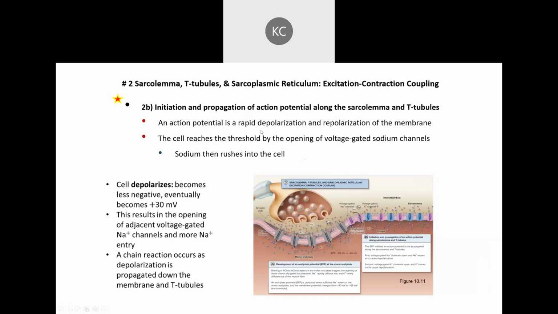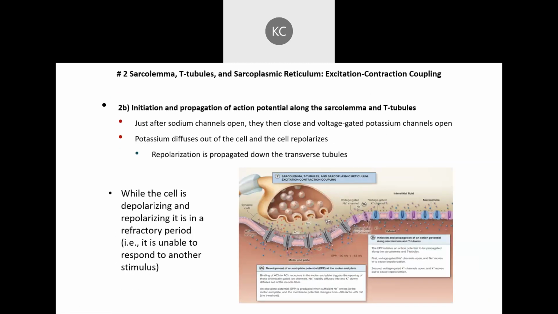We have sodium, we reach threshold, sodium rushes into the cell. We begin depolarizing, the membrane potential is becoming more and more positive. We then reach some peak, those sodium channels begin to close, and then we have the opening of potassium channels. Potassium channels open, allow potassium to rush out of the cell or diffuse out of the cell, and this causes the repolarization of the membrane, right?